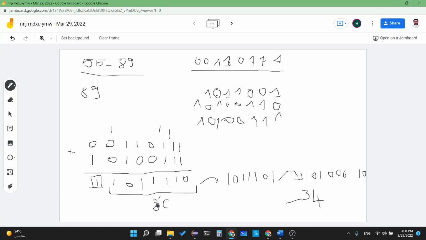You cannot go directly from the 2's complement to decimal system. You need to go back to the 1's complement and then to the sign magnitude representation. Here you subtract 1 bit. Here you flip all the bits, and then you can convert from binary to decimal using the normal conversion that we know.